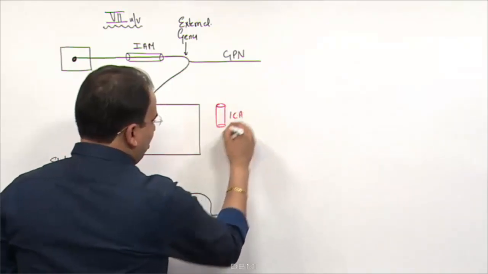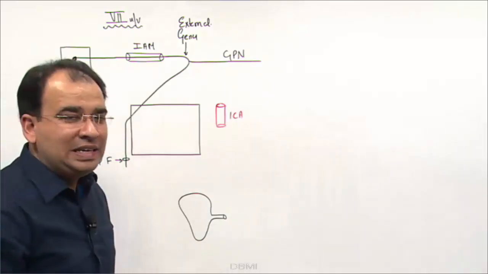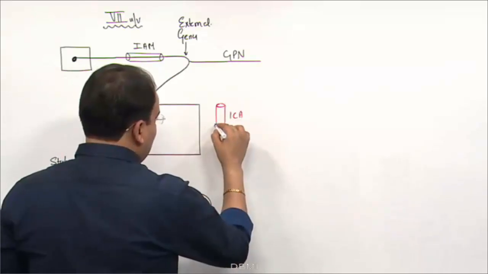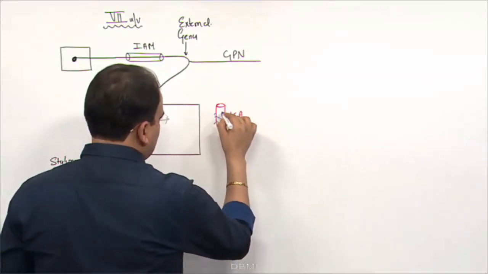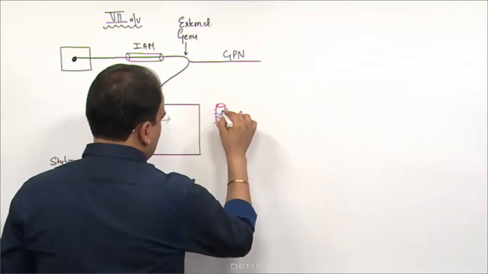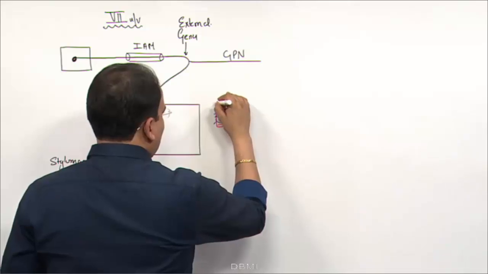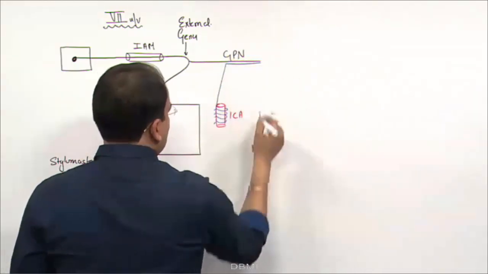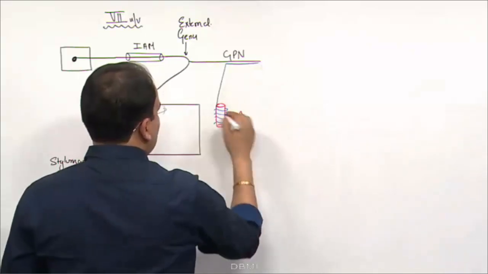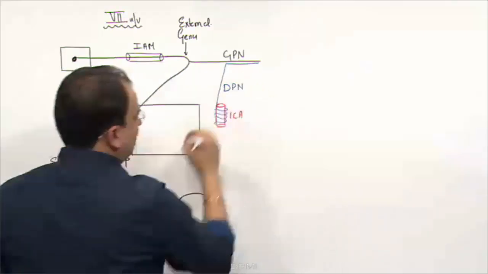If this is the internal carotid artery here, there is a sympathetic plexus present around it, and from this sympathetic plexus around the internal carotid artery we have a nerve which goes and joins the greater petrosal nerve. This is called the deep petrosal nerve.